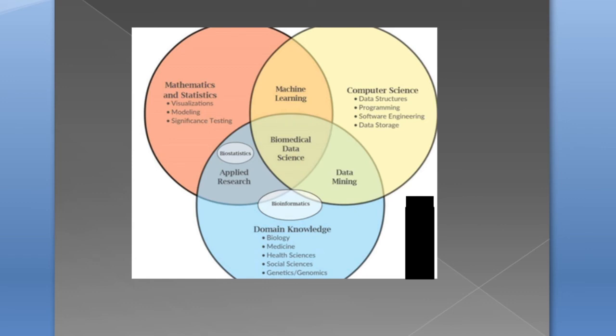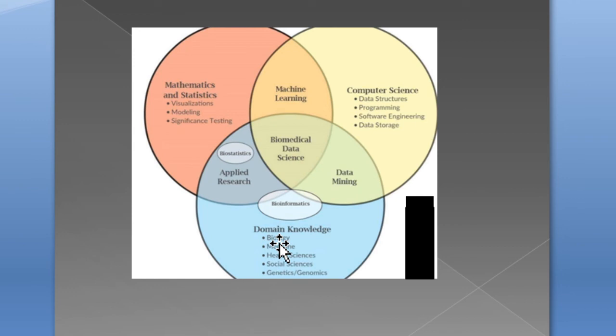If we want to summarize what bioinformatics includes, it includes the study of the application part of research, which includes biostatistics, biomedical data science, and definitely the main part, data mining.